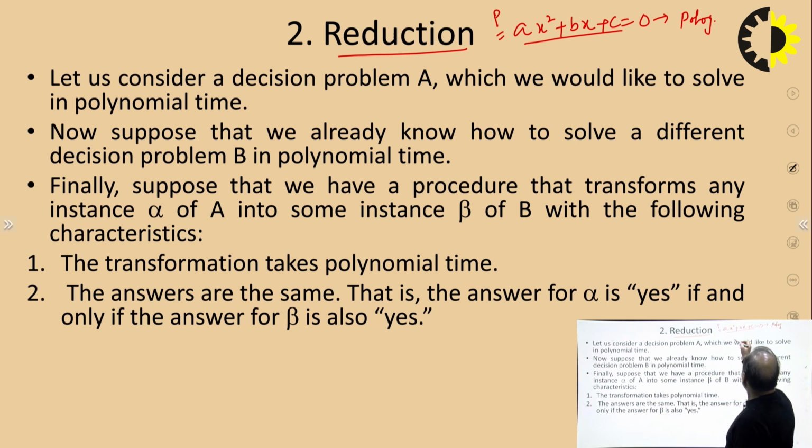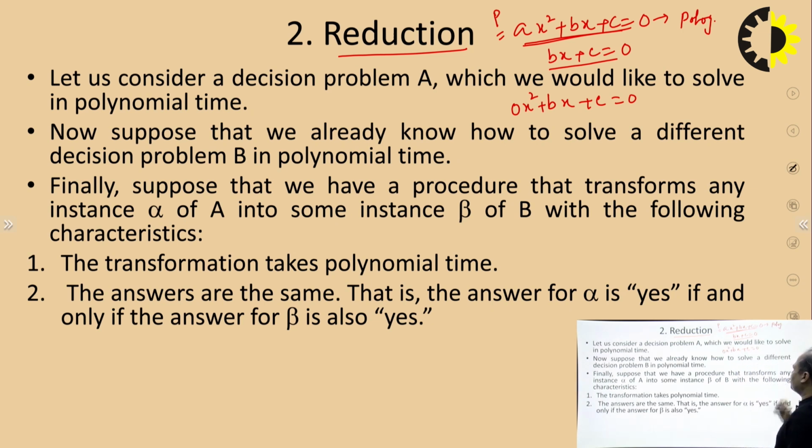And suppose somebody is asking for the solution of bx plus c equal to 0. We know the solution of the previous problem, but we are interested in getting the solution of bx plus c equal to 0. So see, this bx plus c equal to 0 can be converted into 0x square plus bx plus c.